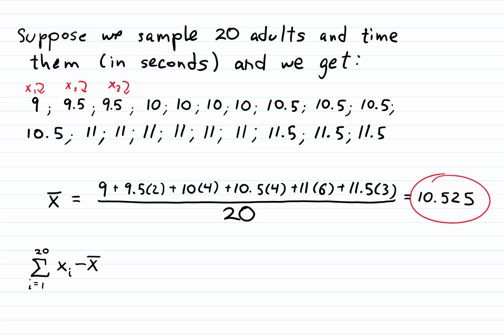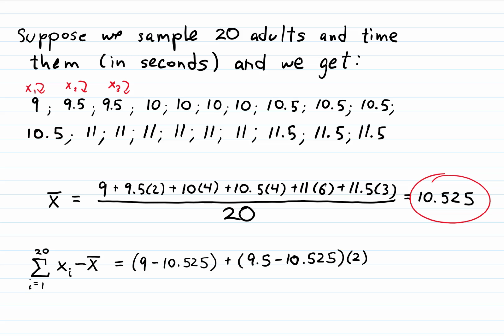Okay, so that means 9 minus 10.525 plus 9.5 minus 10.525. And then there's another one of those. So rather than writing another one, let's just say times 2.